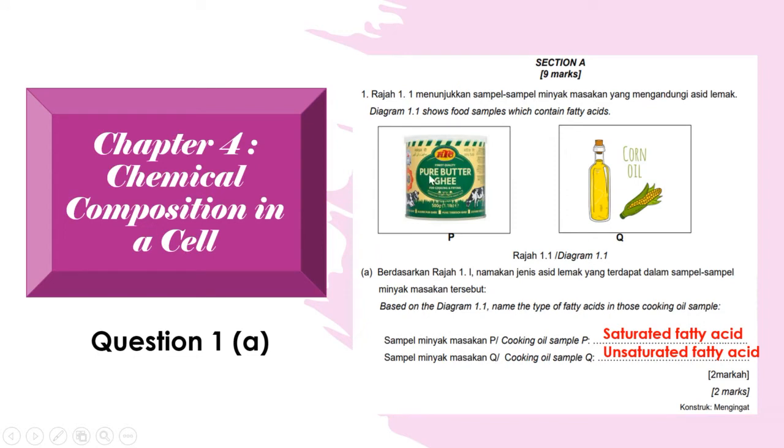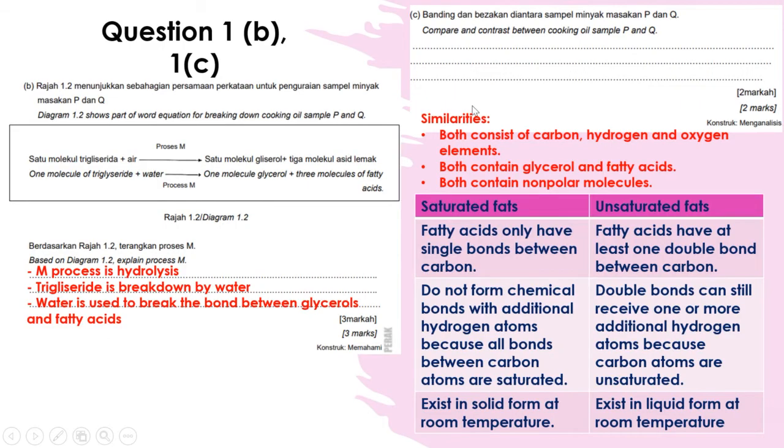This is referred to pure butter, which is a saturated fat because it contains saturated fatty acid, whereas corn oil refers to an unsaturated fat because it contains unsaturated fatty acid. So let's go to the compare and contrast.